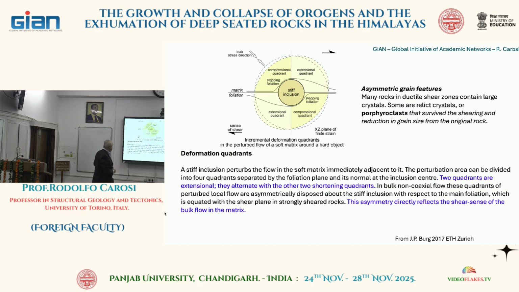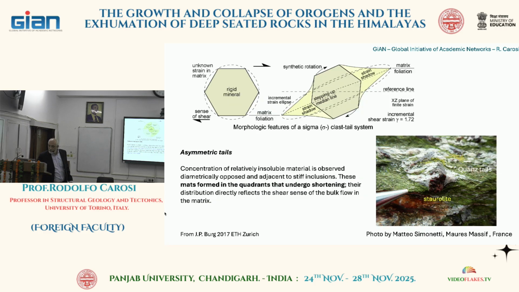Okay, these are quite important because when you have a rigid mineral porphyroclast with a sense of shear, it tries to rotate. If my hands are the shear zone, this porphyroclast, when I move the hands, the porphyroclast tries to rotate in the same direction of the shear. If it is a simple shear, all the rotation is in the same direction.